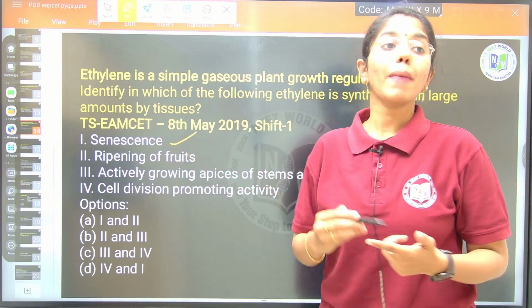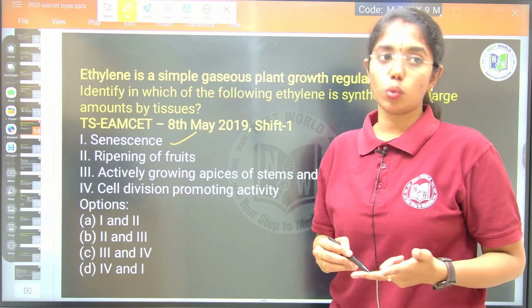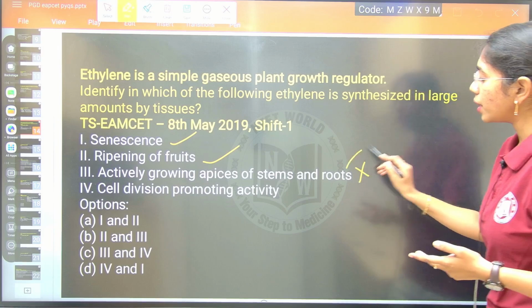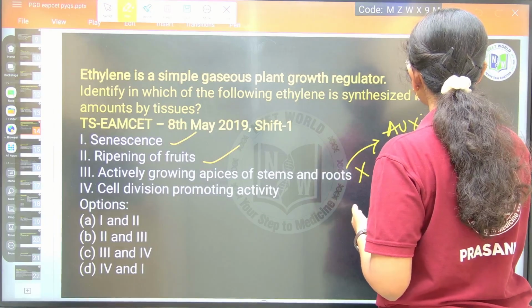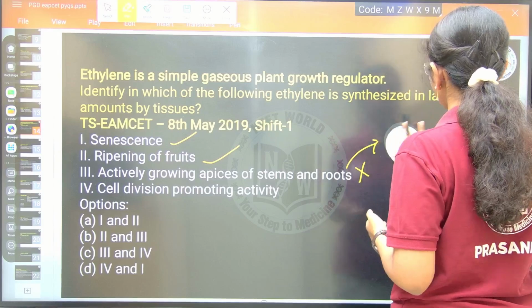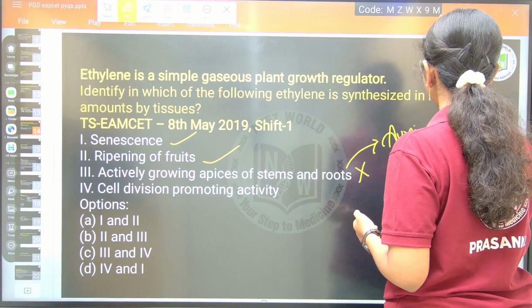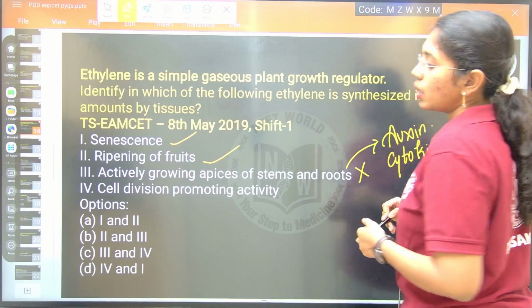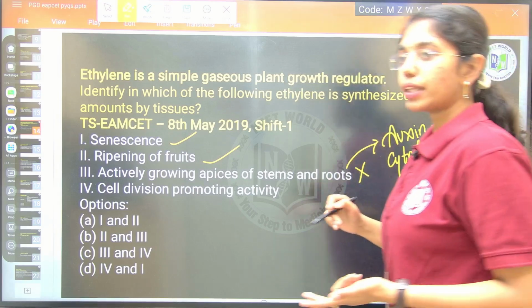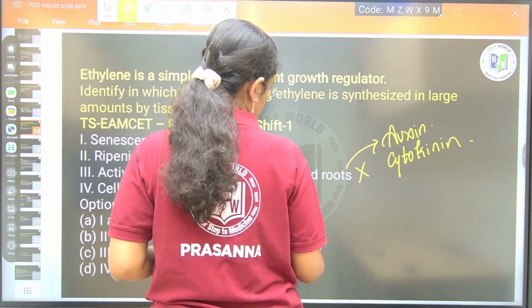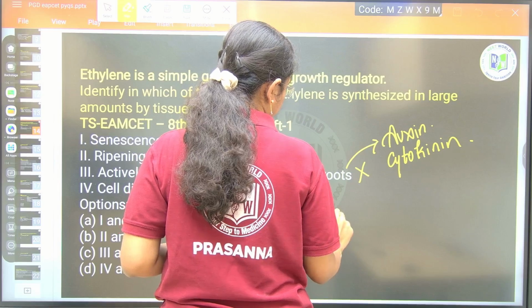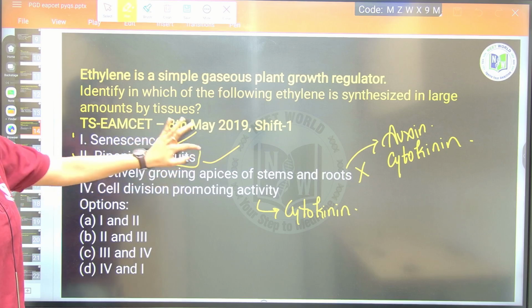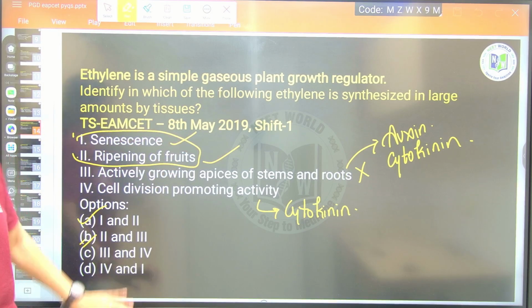Ethylene is synthesized to the maximum in actively growing regions of stem and root, with cell division. Fine, right?